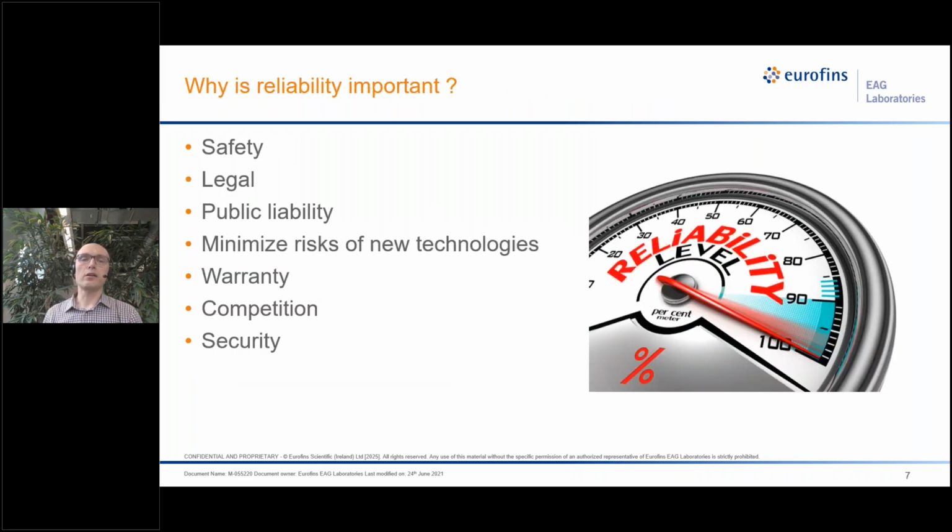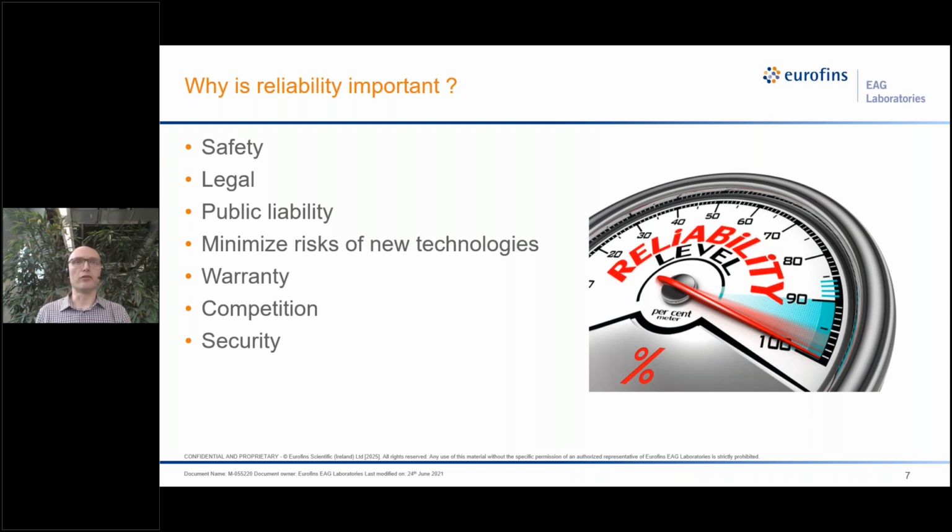Now we know why reliability is so important for the end user. We are aware what the voice of the customer means, but why is it so important to do reliability engineering for a producer or developer? Why is it so important knowing and understanding the reliability of your product?